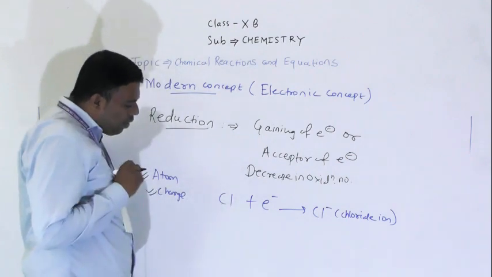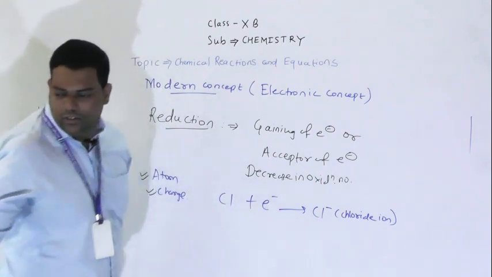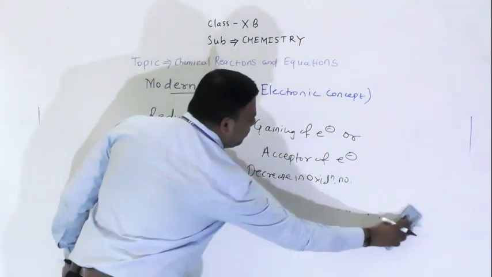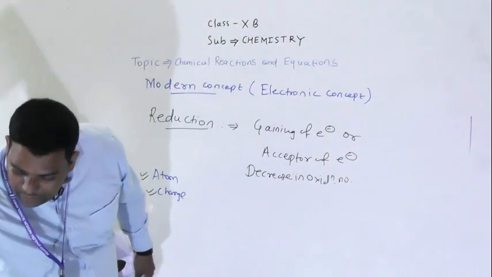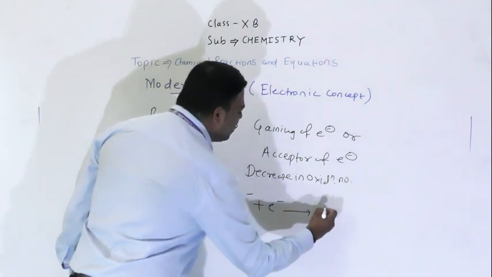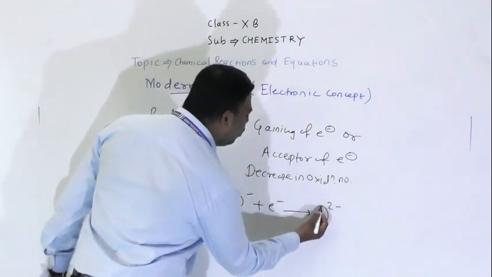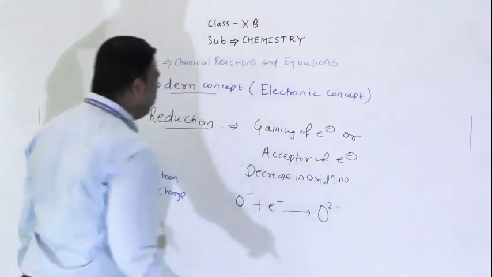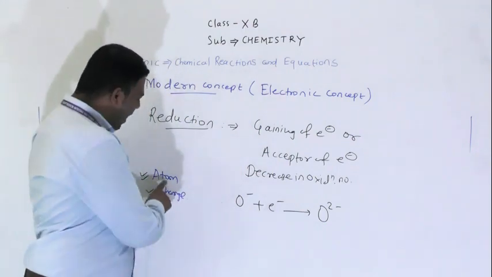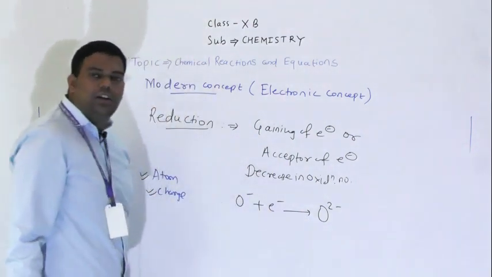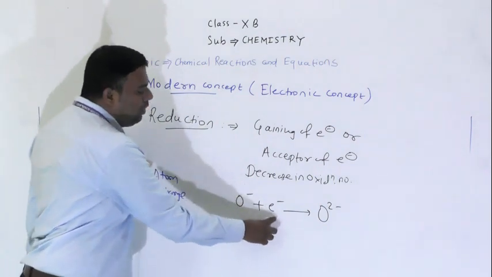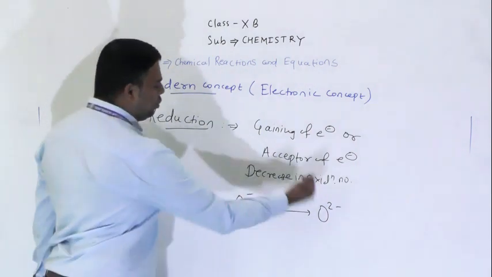Now we will see one more example. O- plus 1 electron (e-) gives what? O2-. So see here how your reaction is. Yes, our atom is balanced, 1 oxygen, 1 oxygen. Now see the charge: 1 minus and 1 minus, so total 2 minus charge, and here also 2 minus charge.